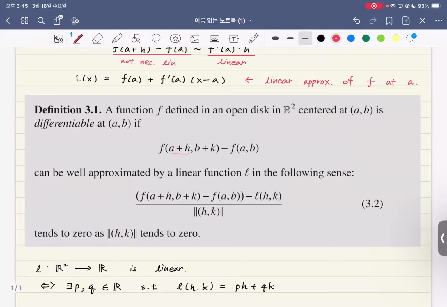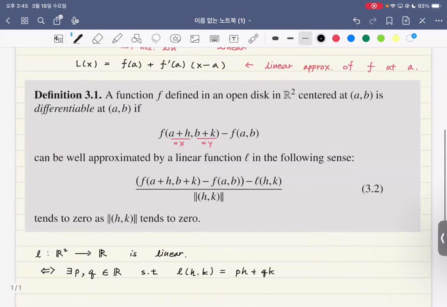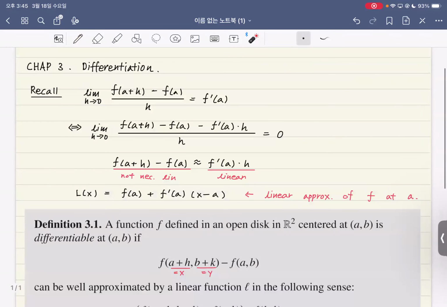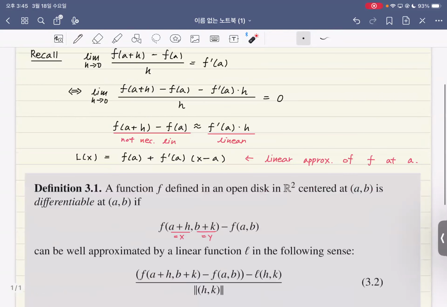Also, from time to time, some authors want to say a plus h is x, and b plus k is y, because this is the x coordinate and this is the y coordinate. Just as we have defined the linear approximation of a function at a, we can do the same thing for these two variable functions.